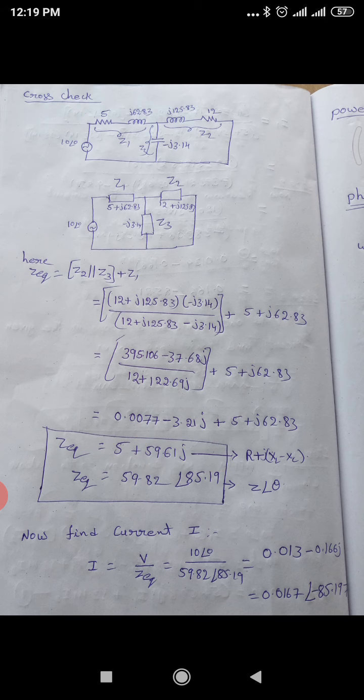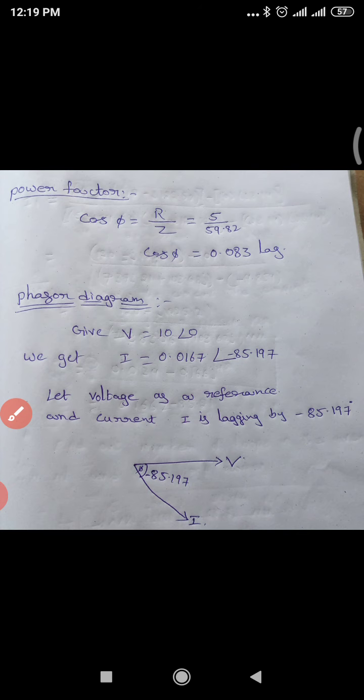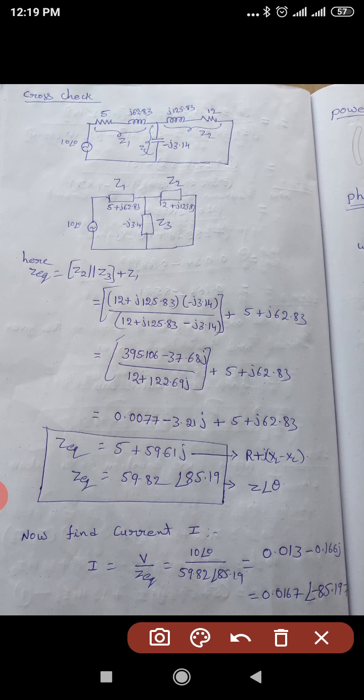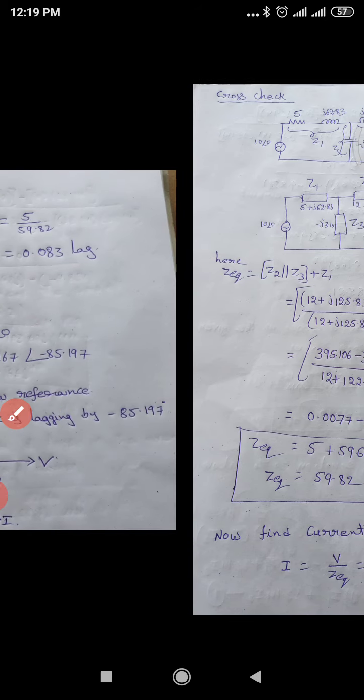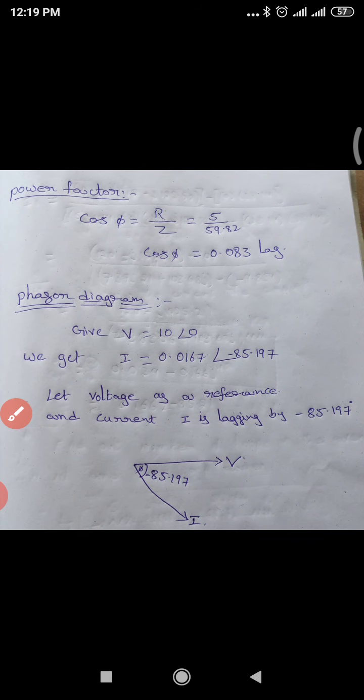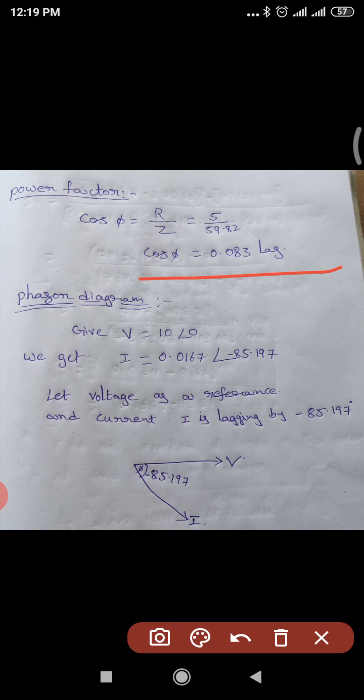So here R is equal to 5, and Z is 59.82. This is Z at an angle theta. So this 59.82 is nothing but the total impedance of the circuit. So 5 by 59.82, this is equal to cos phi, which is 0.083 lagging.